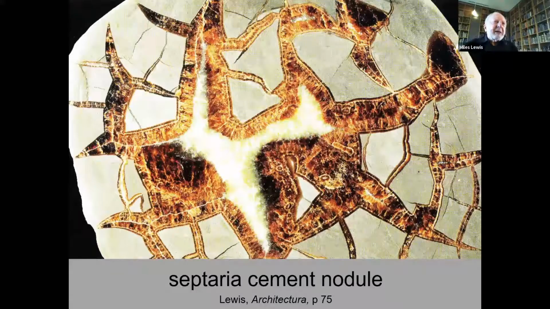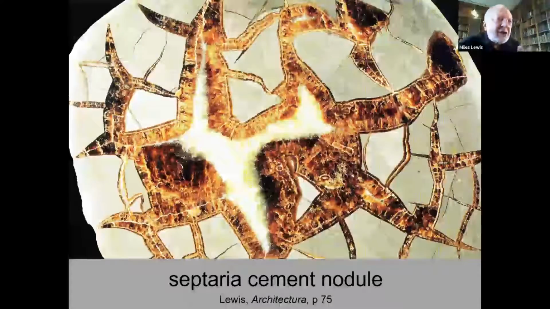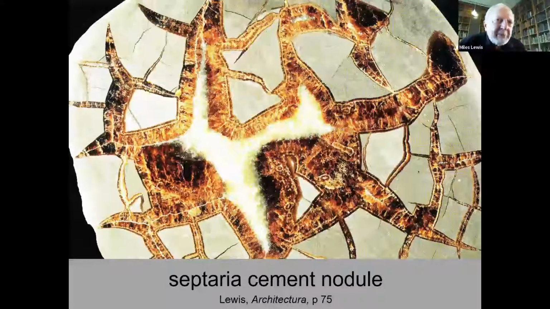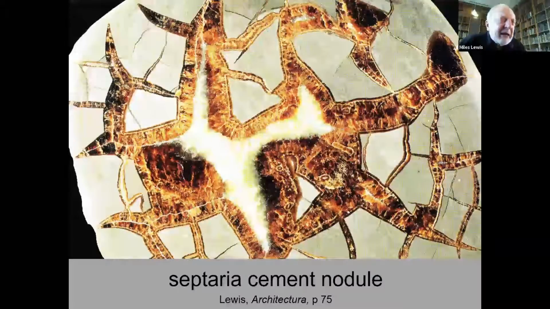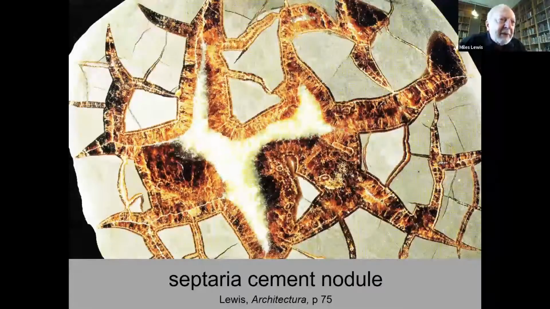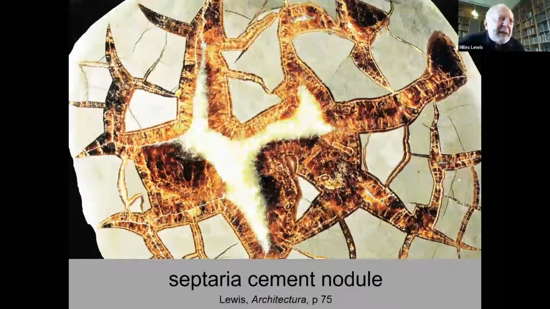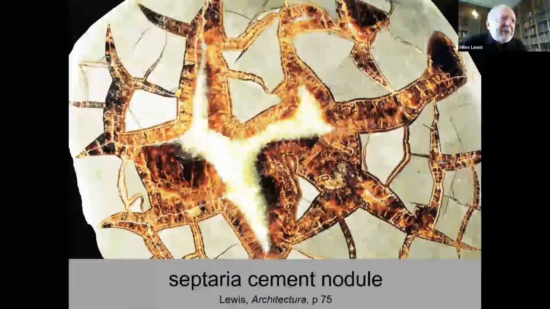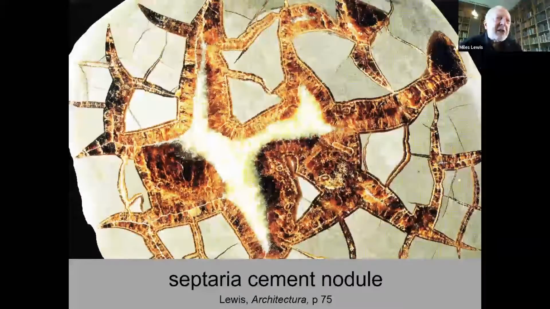It's based upon septaria, which are naturally occurring lime deposits, which are impure. They're mixed with clay. And if your limestone has clay in it, it doesn't burn as easily to make a lime. But if you burn it successfully, you have to use a higher temperature, and you may get lumps in it, which are best ground down, but you get a lime with hydraulic properties, the capacity to resist water.